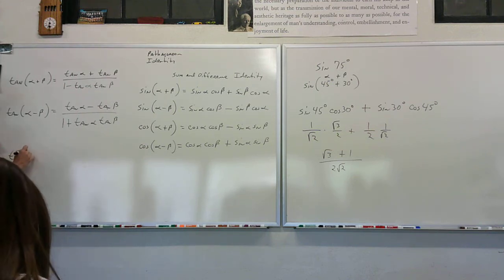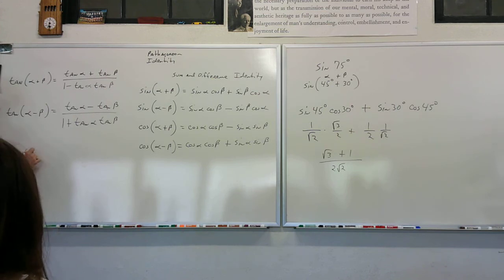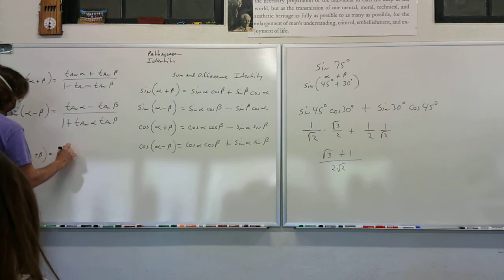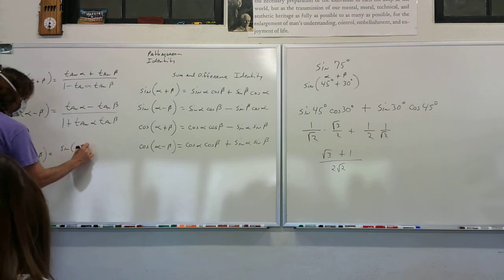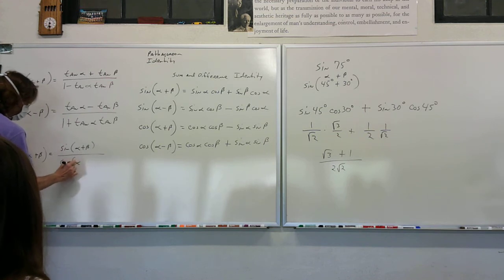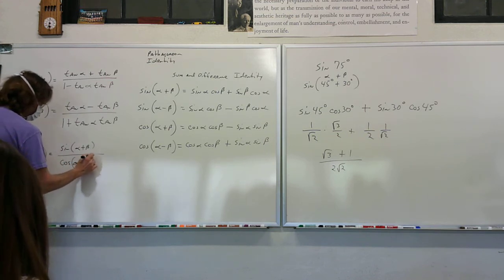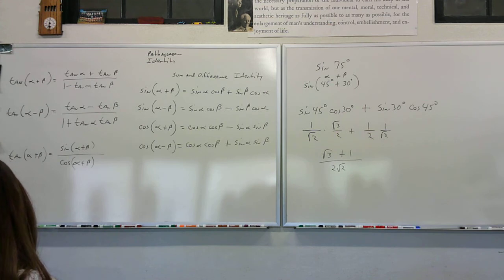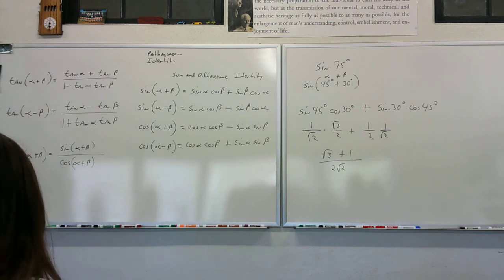Tangent alpha plus beta equals sine alpha plus beta over cosine alpha plus beta. Okay, that's how I'd work it. I'd do this, and then I'd just pick that formula over there.